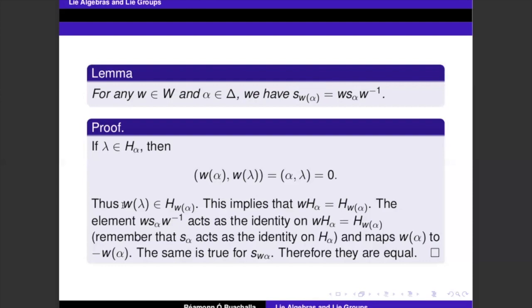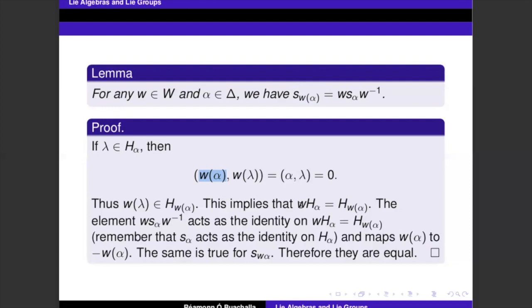Well, this means that W of lambda is perpendicular to W of alpha, which means that W of lambda lives inside H of W of alpha. But what this implies is that W is going to map, because again, these elements were chosen in general, H of alpha to H of W alpha.